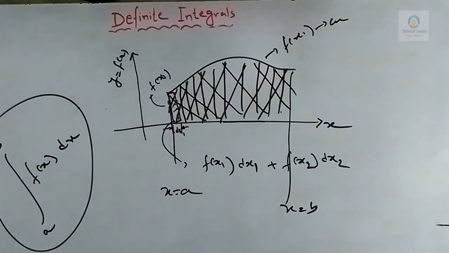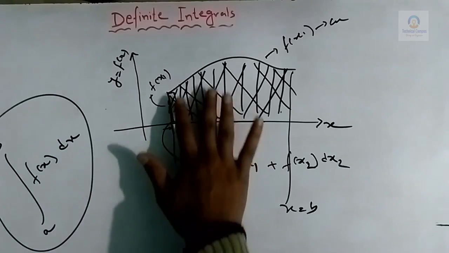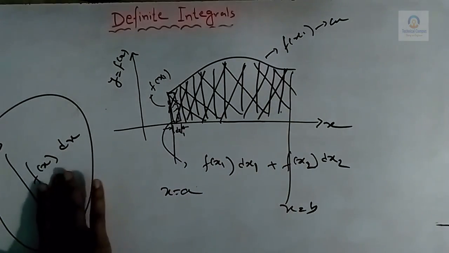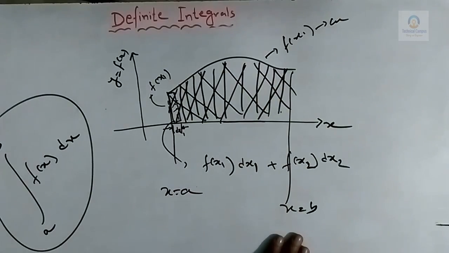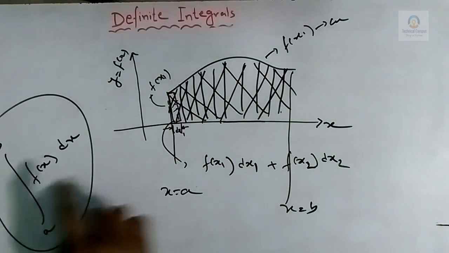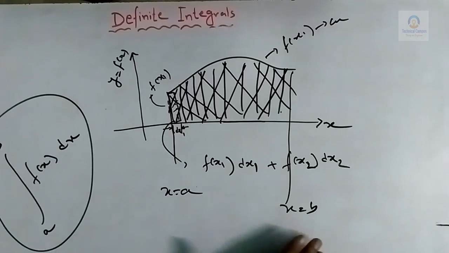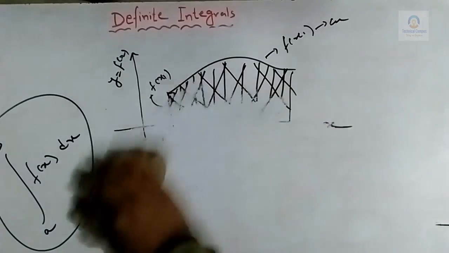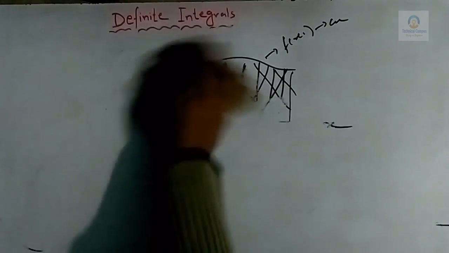So if we integrate this function f of x from a to b, we are calculating the area of the graph of f of x from x equal to a to x equal to b. So let us learn how to write the expression of definite integrals.